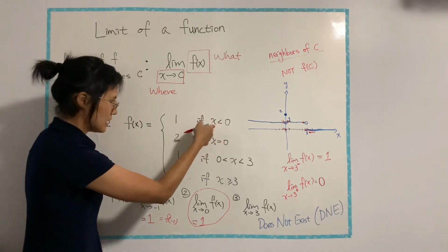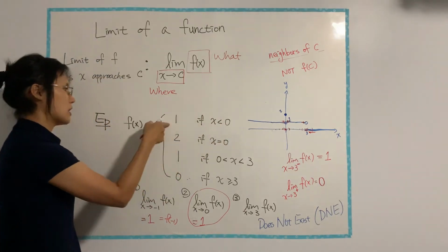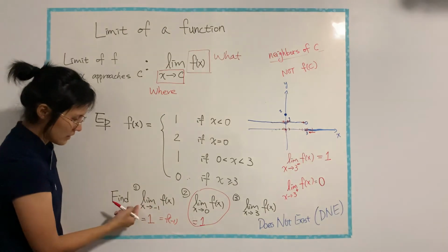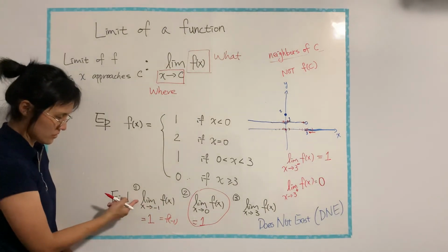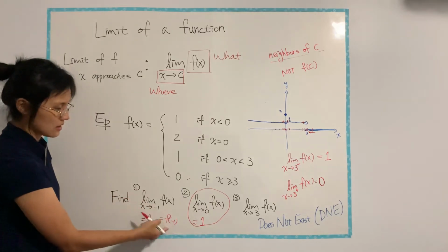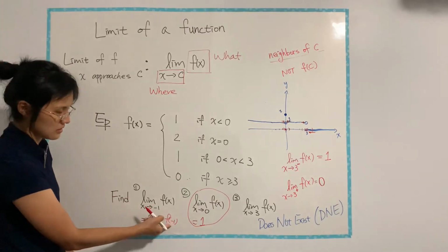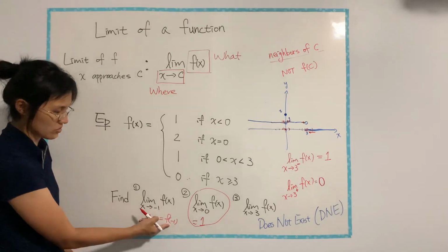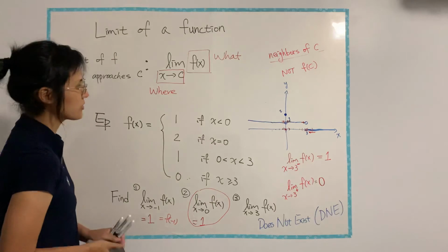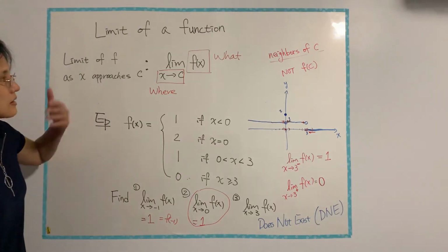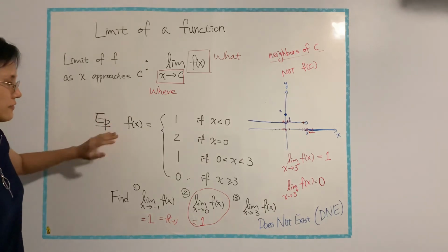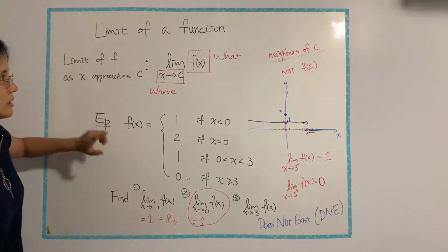So when the input value is less than 0, your output value is 1. So you can see that the behavior of the neighbors of -1 equals the behavior at x equal to -1. Okay? So that's the very basic and rough idea about limits.